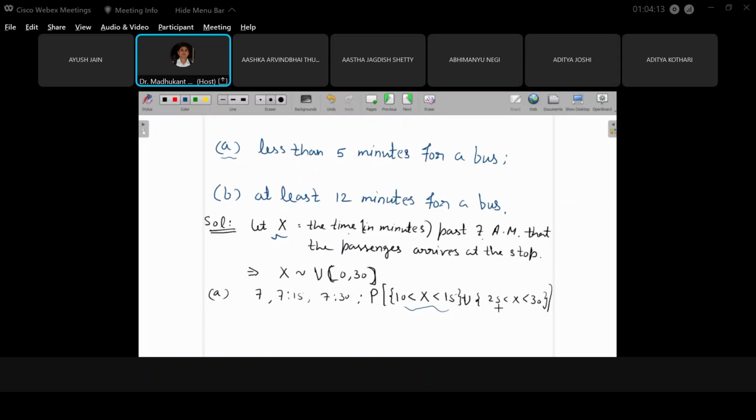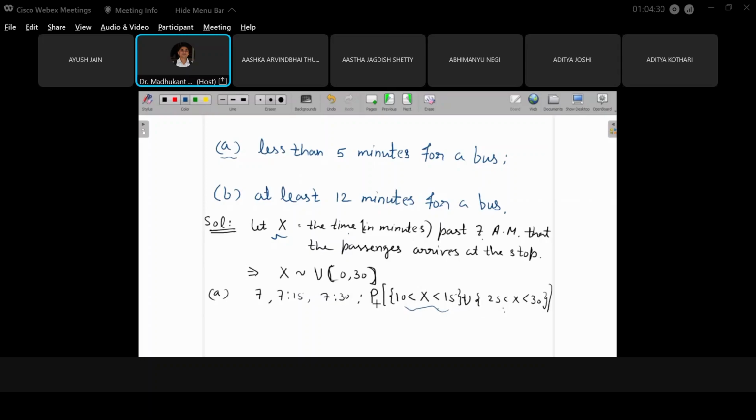Or he should arrive between 7:25 and 7:30, strictly less than. These are the two events, and both are mutually exclusive.